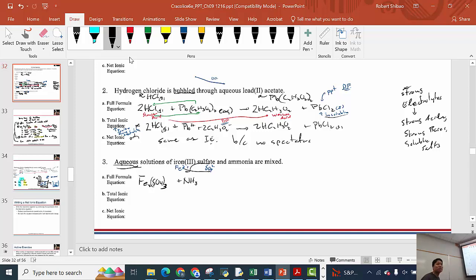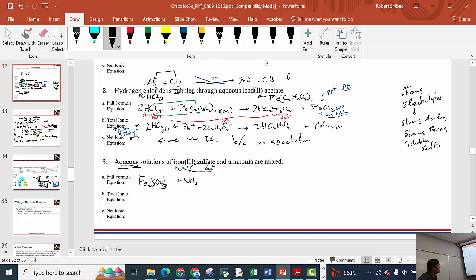Is this a metathesis reaction? Now, a metathesis reaction is going to have this pattern in most cases, which we call the AB plus CD pattern. When we have an AB plus CD pattern, then what we do is we switch the anions. And what results is an AD plus CB pattern.